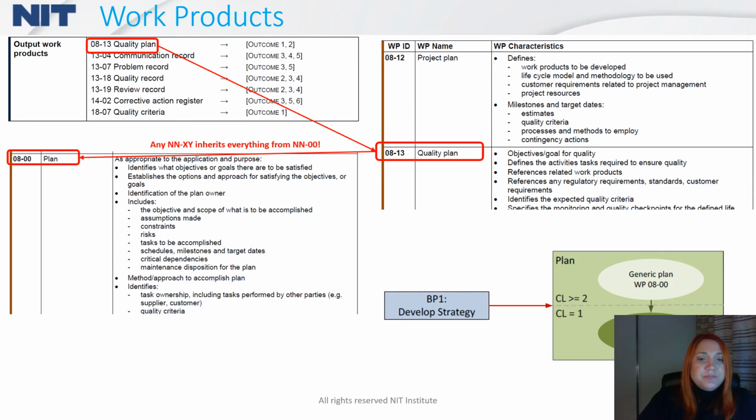In level 1 of Automotive SPICE, for the very basic usage, you will use this specific 0813 quality plan for quality assurance. But for the higher levels, when you want to achieve more organization and more managed processes, you will include all the characteristics from the generic plan, and the characteristics of the quality plan or some other specific plan.